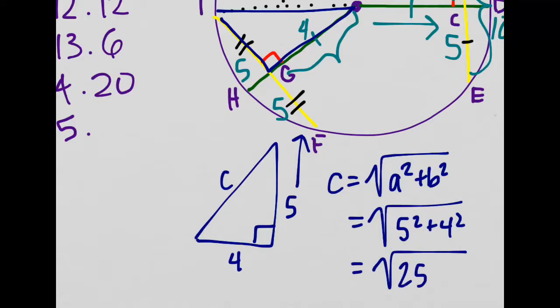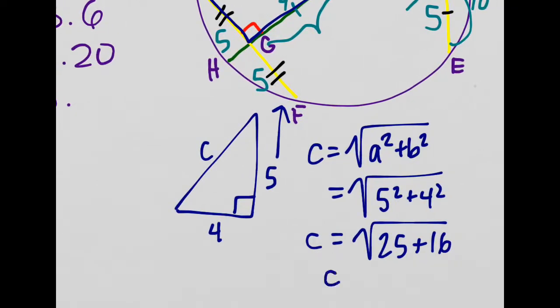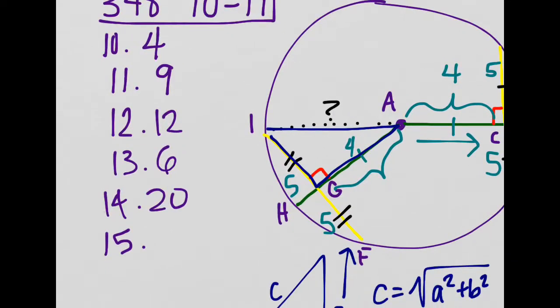That's 25 plus 16. So C is equal to the square root of 41, and there are no perfect squares that we can pull out of that. So AI, this whole thing, is the square root of 41.